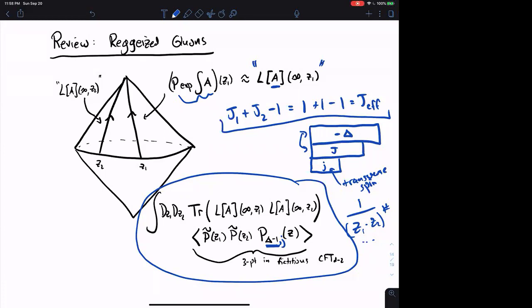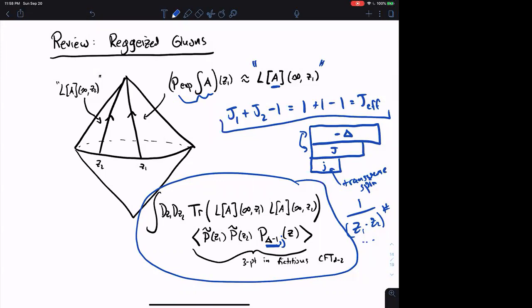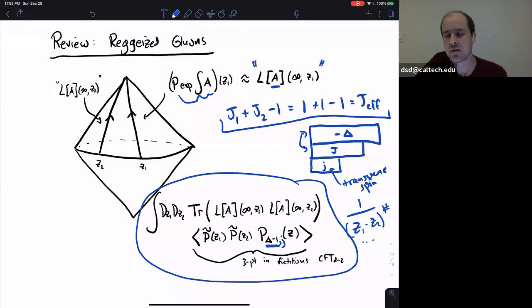And you can also build null operators with the corresponding current operator. But is there any connection between them? You didn't mention anything of that sort. Is there a connection between null integrals of the current and Wilson lines? Right, they're different. They're not the same thing.